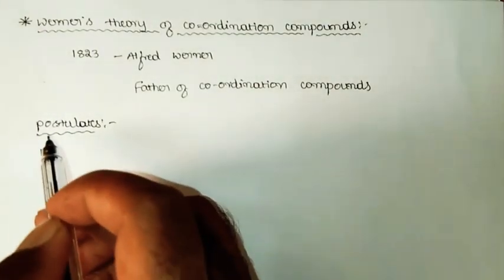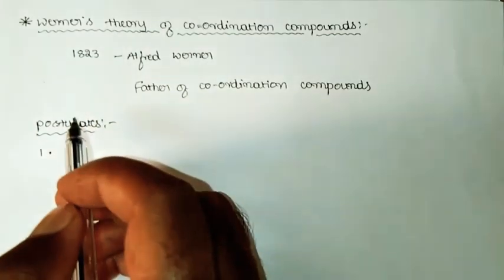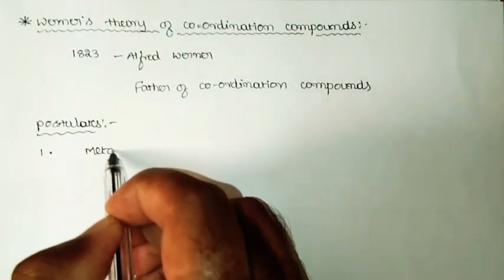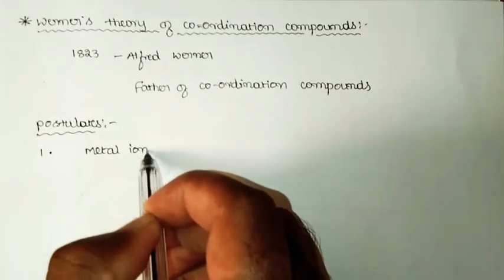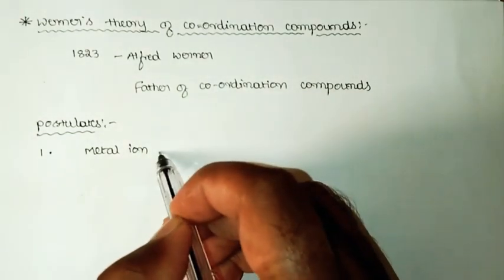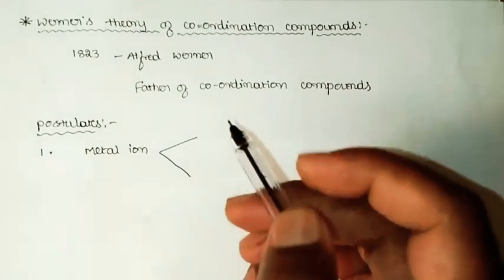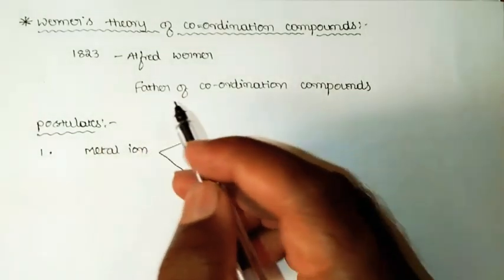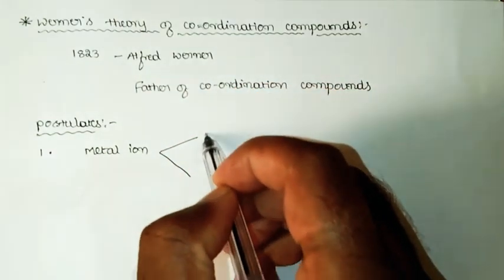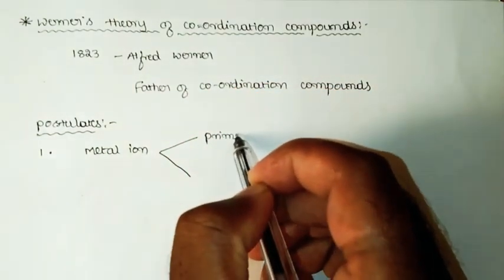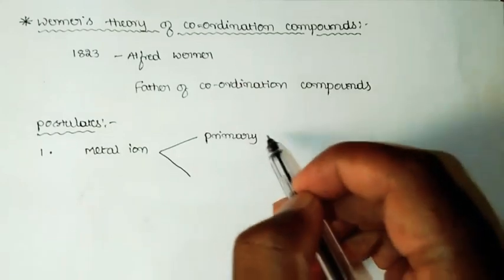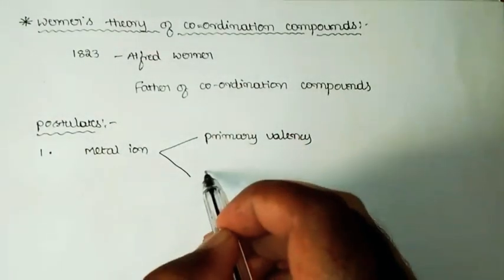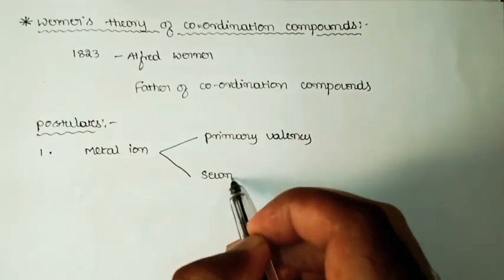So postulate number one is, according to Alfred Werner, the central metal ion which is present in a given complex compound does possess two kinds of valencies. Each metal ion will possess two kinds of valencies, which are called primary valency and, obviously, the second type of valency is secondary valency.